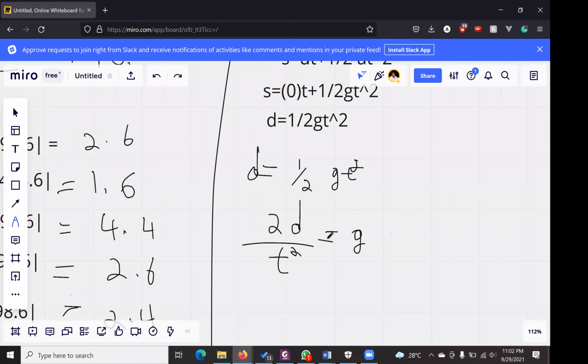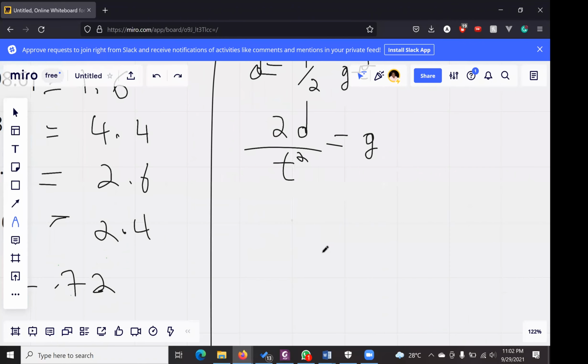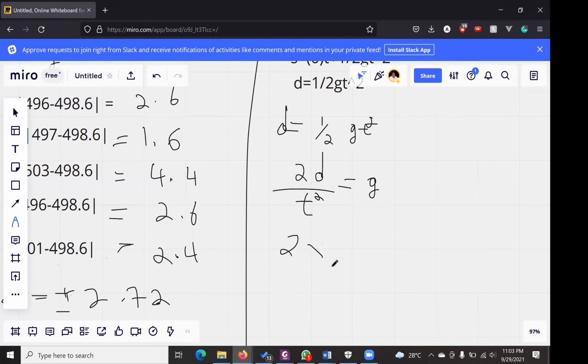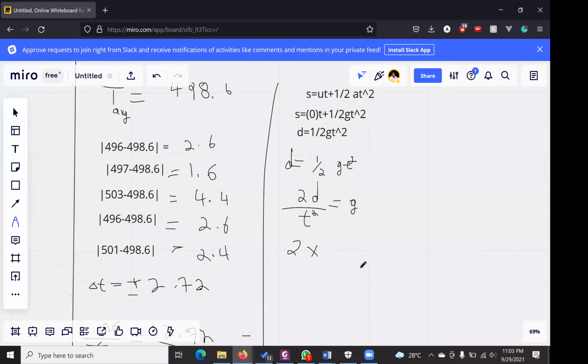We figured out what t was, and we know what d was. So 2 times 1 point... Oh, by the way, I want to note t is in milliseconds here. All right, don't make a mistake.